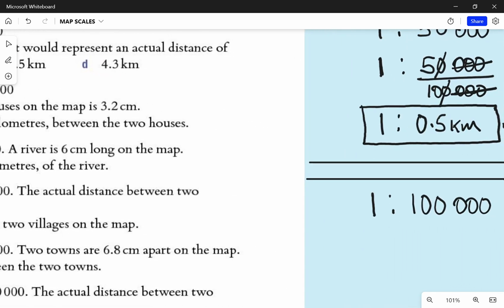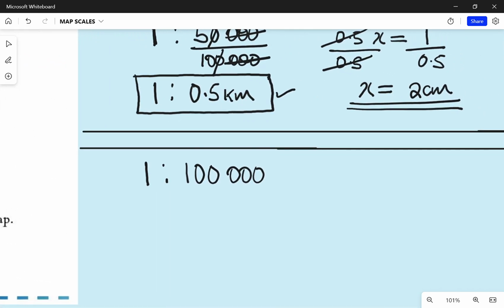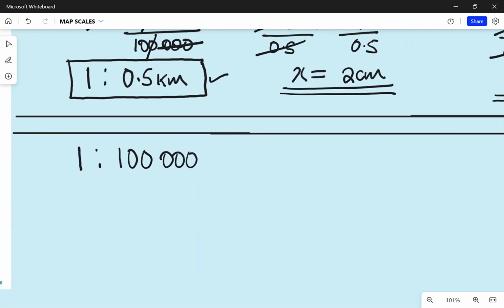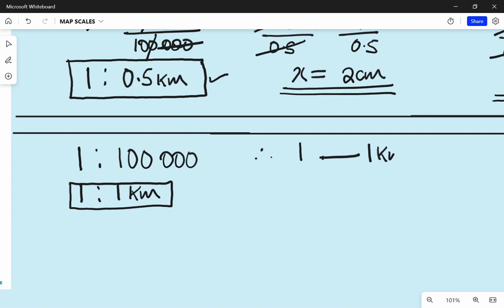Let's go back to the solution section. So here I'm going to say 1 centimeter is equivalent to 100,000 centimeters, which is the same as 1 kilometer. Are you seeing that? Therefore this is what I'll use. So I'll say 1 is equivalent to 1 kilometer.